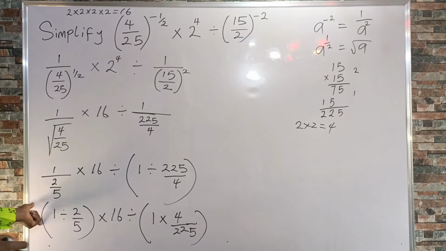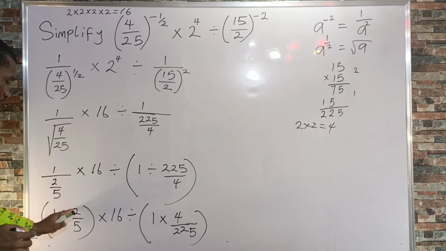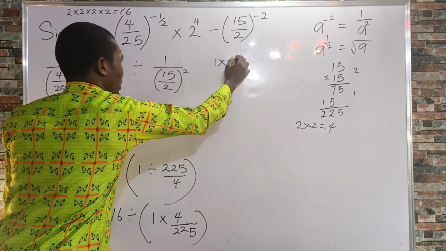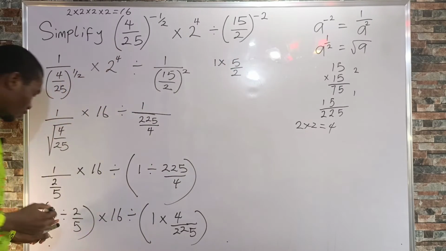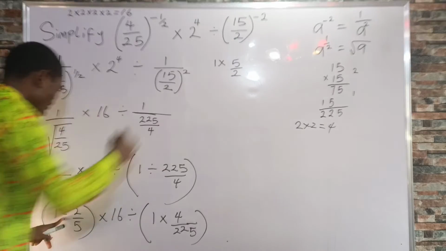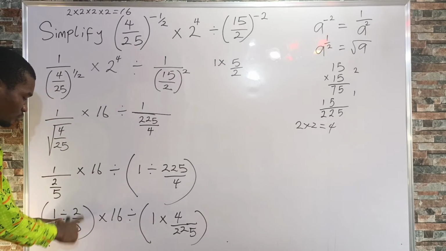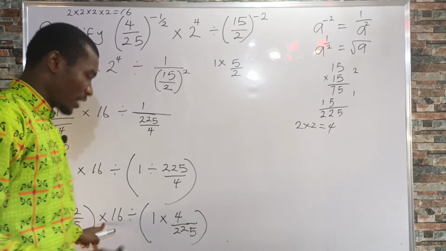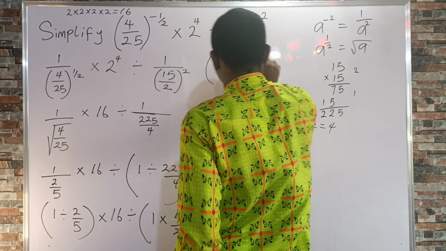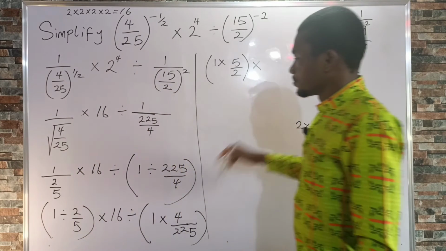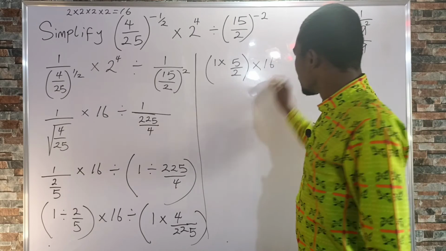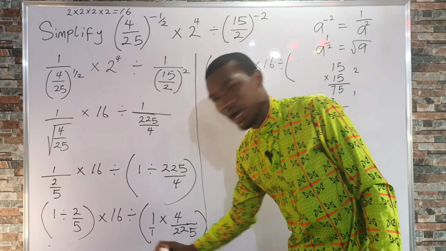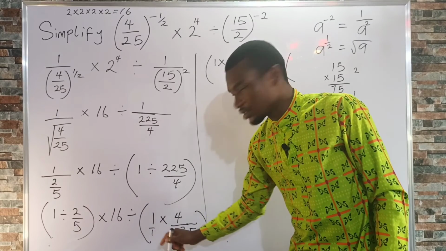Solving further here, I have 1 divided by 2 over 5 as 1 multiplied by 5 over 2. That means I turn this division to multiplication, hence I have to invert the fraction 2 over 5 to become 5 over 2. Then multiplied by 16 divided by, in brackets, remember that 1 is the same thing as 1 over 1, because any number divided by 1 is still that number.